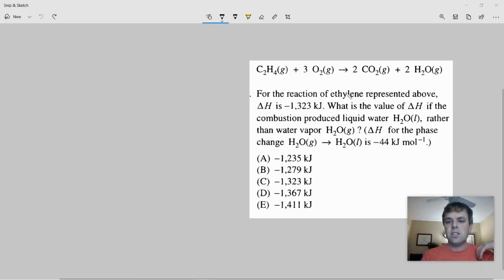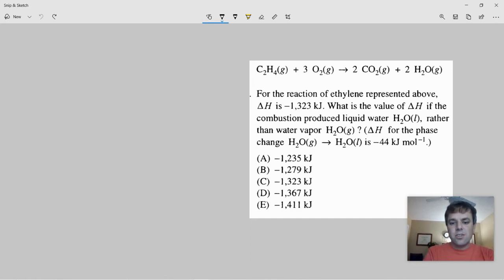So let's take a look at this problem. It has the reaction of ethylene, and it tells you that delta H is negative 1323, and it wants to know what the value of delta H is if it produced liquid water rather than water vapor. Take a second and see if you can answer this question. Hopefully you got that the correct answer is E. If we're going to replace water vapor with liquid water, we need to add to that equation this reaction times 2.